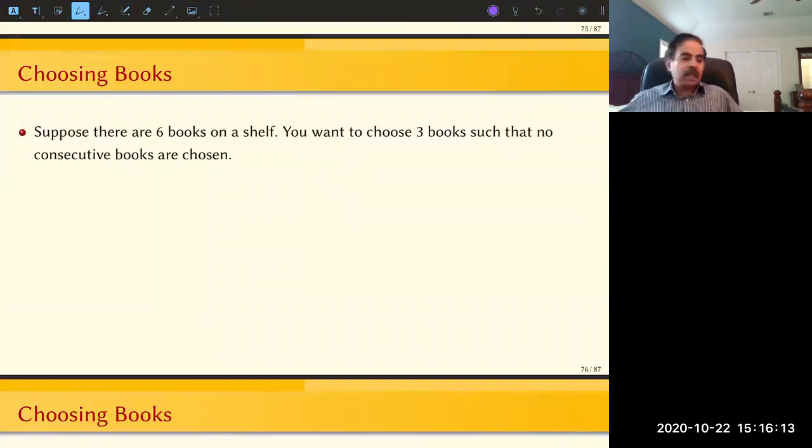So let's look at another problem. There are six books on the shelf, and you want to pick 3 books such that you don't pick any consecutive books. Okay?